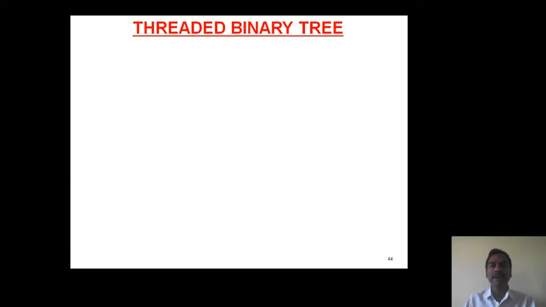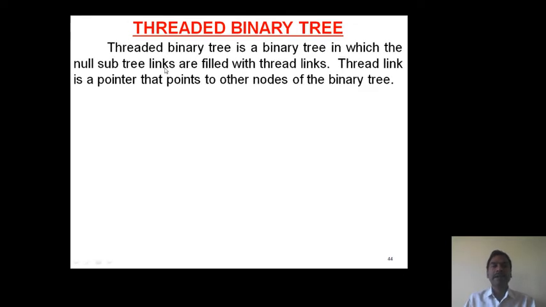Such a binary tree is treated as a threaded binary tree. Now observe this. A threaded binary tree is a binary tree in which the null subtree links, that means the null pointers, are filled with thread links. A thread link is a pointer that points to other nodes of the binary tree.